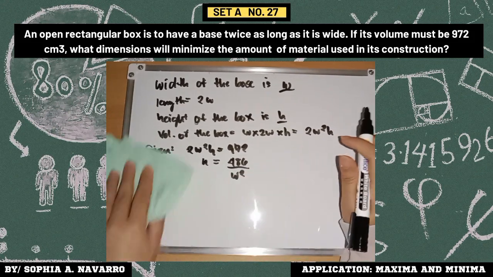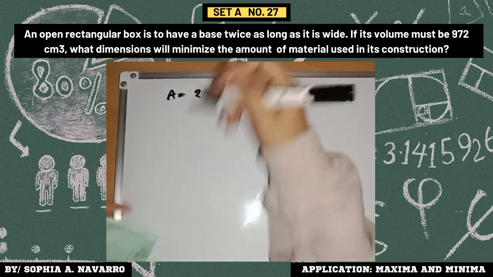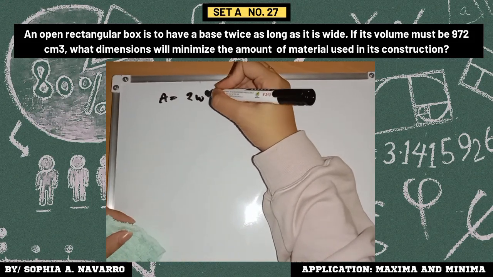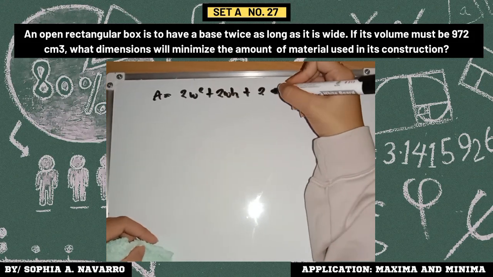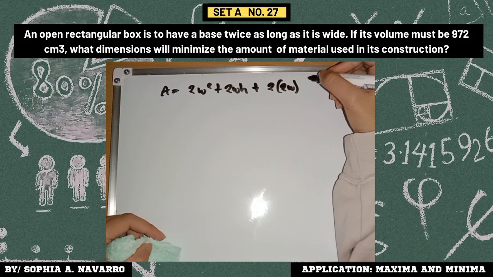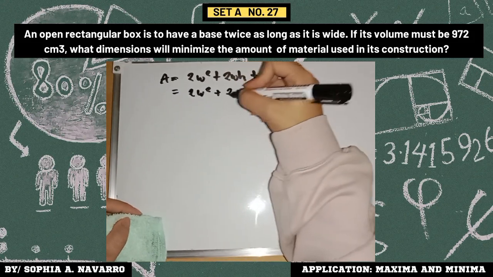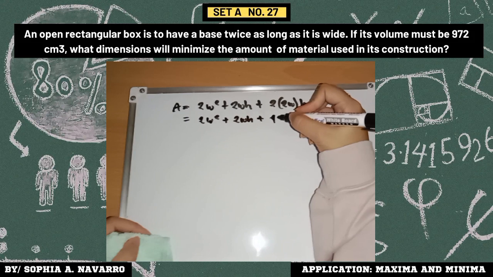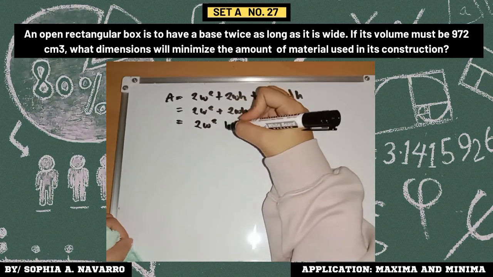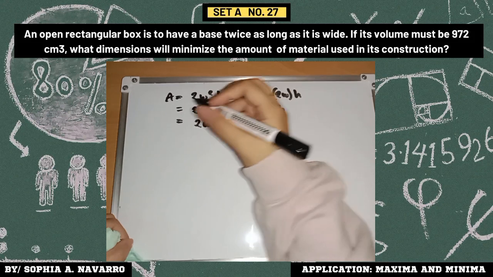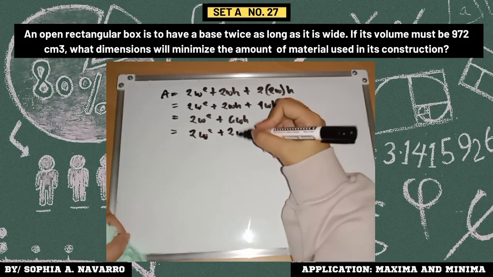And that is A equals 2 width squared plus 2 width height plus 2 times 2 width H, and that is equal to 2 width squared plus 2 width height plus 4 width height, which equals 2 width squared plus 6 width height.